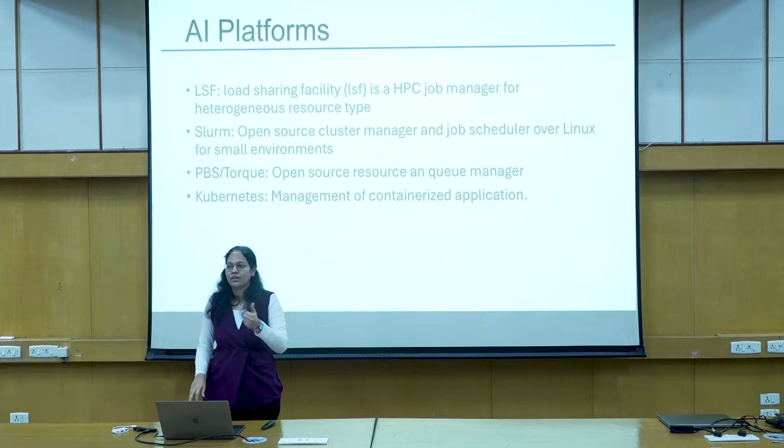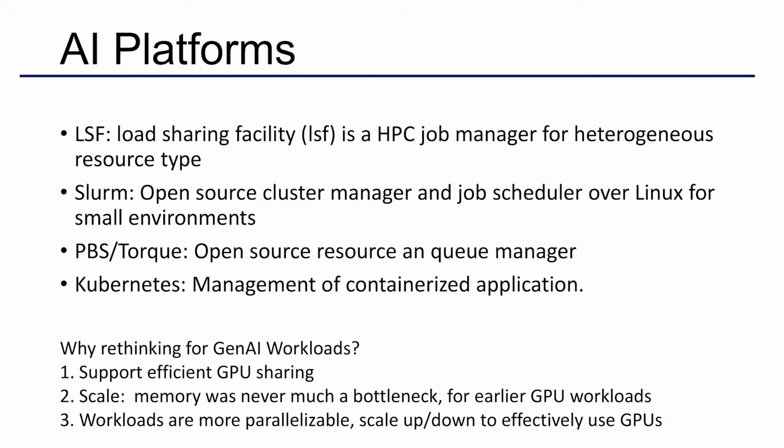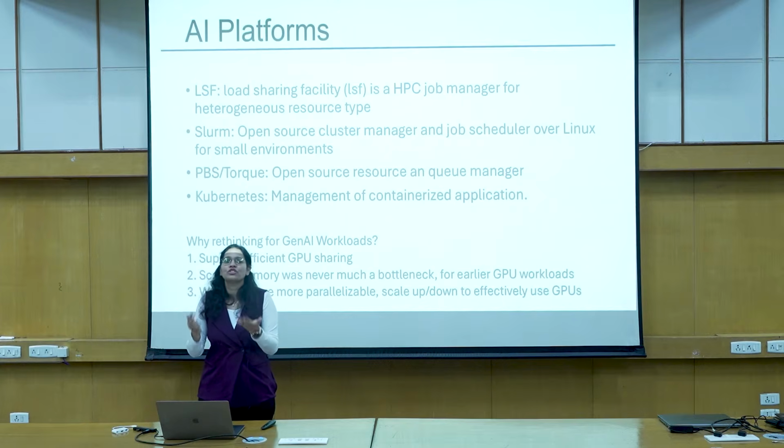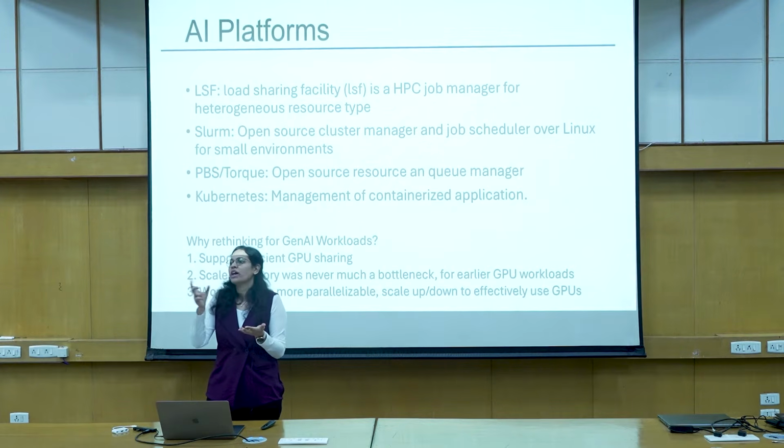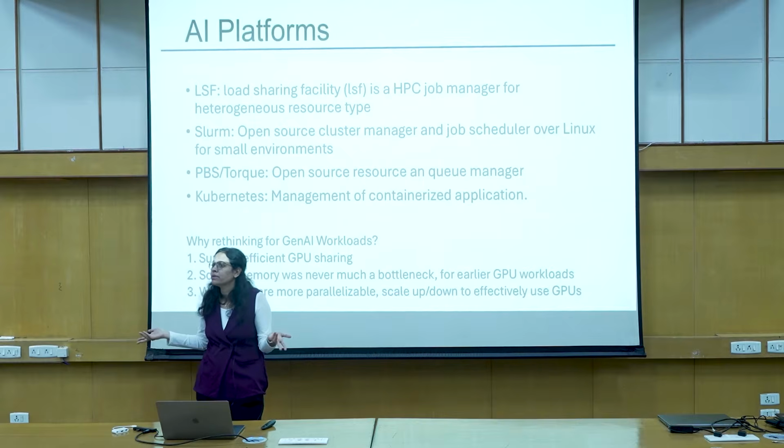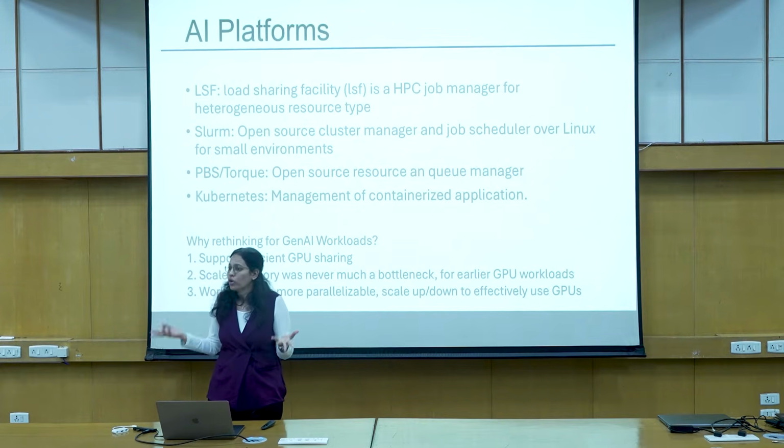But these lack what our Gen AI workloads need, right? So they don't do efficient GPU sharing. What I mean by efficient GPU sharing is, once you ask for a GPU, you get one GPU. Even if you're not using it 100%, it's dedicated to you. And another user comes in and asks for a GPU. If it's not available, he or she won't be able to run their workload, right?